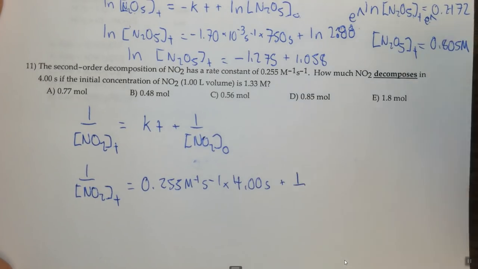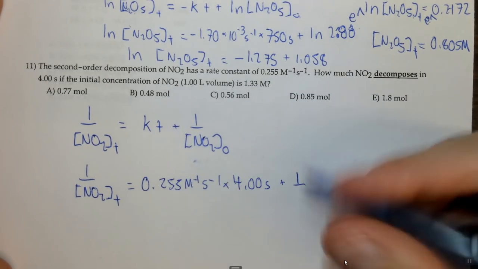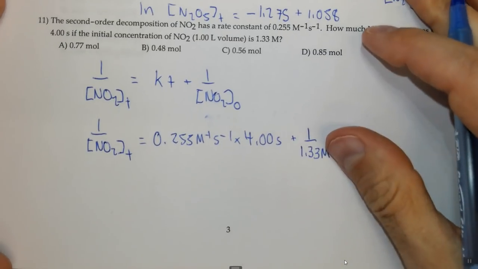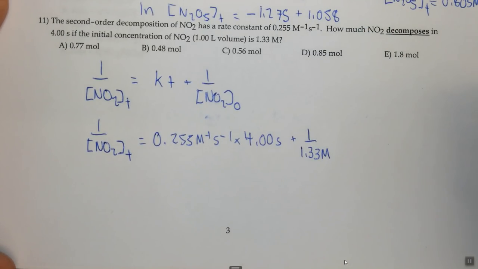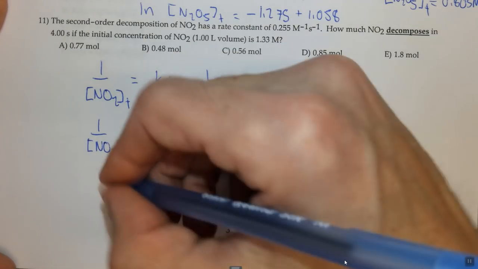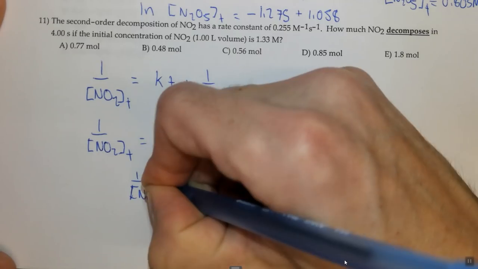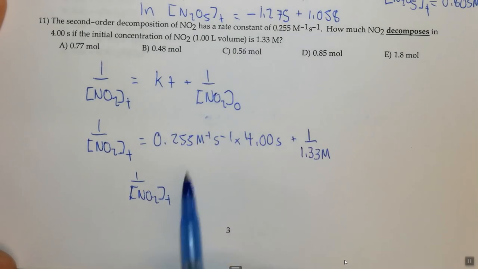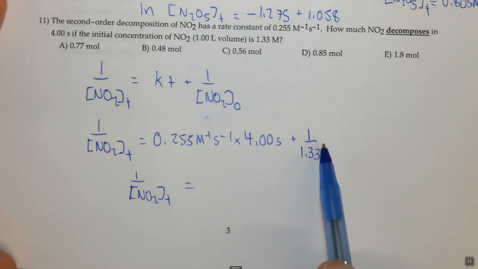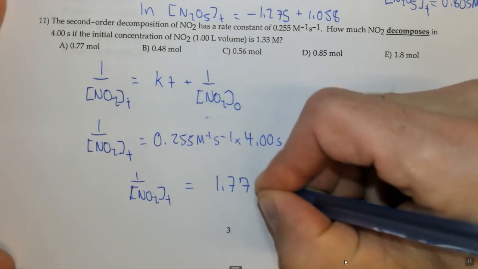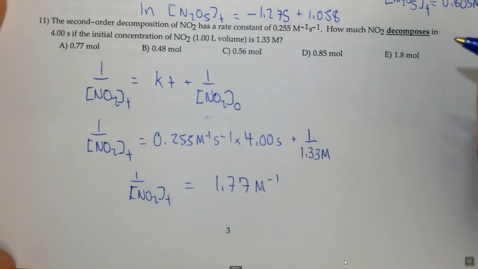Plus 1 over the initial concentration of NO2, which is 1.33 molar. When we do that math, we take this times this and then add it to 1 over this, and we find that 1 over the concentration of NO2 at some time equals 1.77 molar to the minus 1.